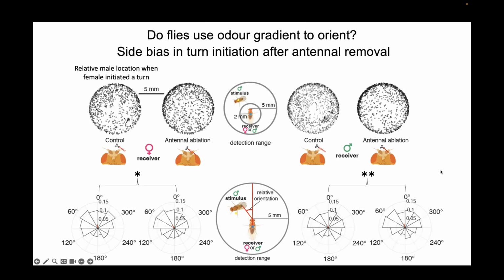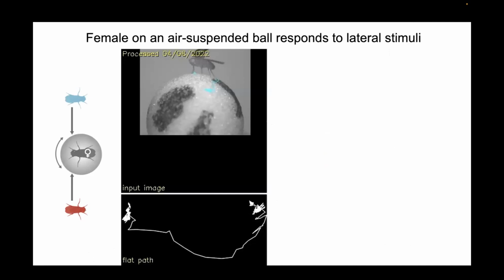So females use the odor gradient to navigate, and we wanted to know, when they do make a turn, is the turn towards the male or away from the male? In order to know that, we put the fly on a ball, and we presented again the male on the micromanipulator, either on the right side or the left side, and measured the female movement when the male was presented.